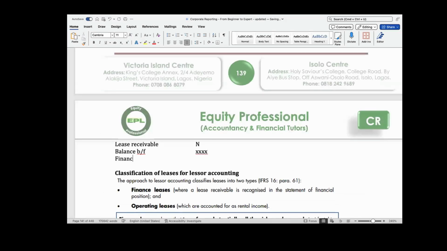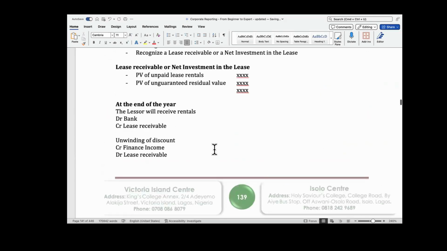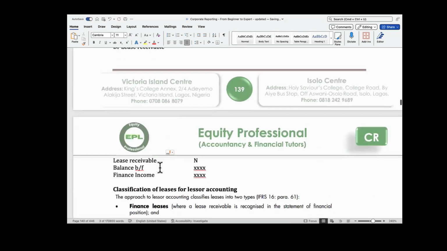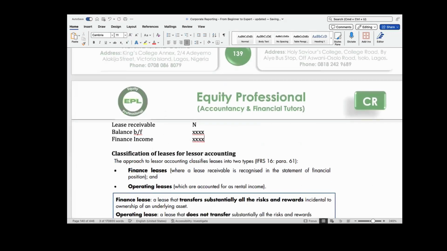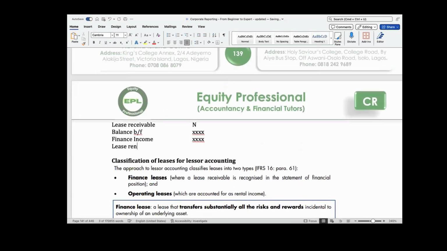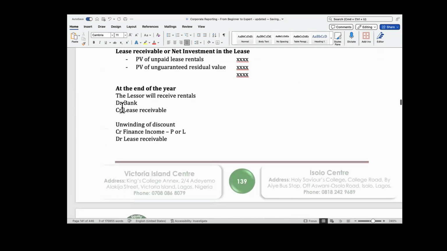I will add finance income, which is this unwinding of discounts that I debited to lease receivable. The other leg goes to finance income. You didn't even ask me where. It goes to P&L, my P&L. Then the lease rentals, the rent the landlord is collecting, which is this one, the rent that I credited to lease receivable.